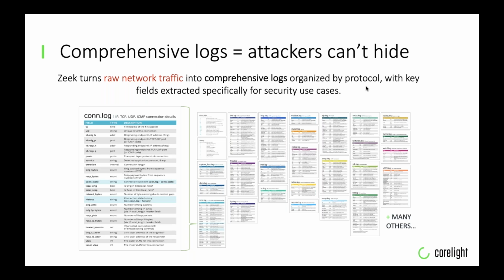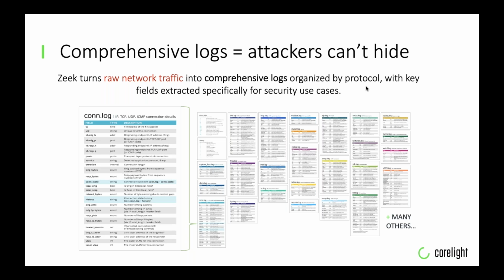Unfortunately, when you're on the network, you can't hide unless you're encrypting yourself, and even then it's still very obvious based off the way you're traversing the network. So the comprehensive logs mean that attackers can't hide. Any transactions they do, whether it's exploiting an HTTP server, you might be able to clean up web logs, but you're not going to be able to cover the tracks of you actually accessing that server.